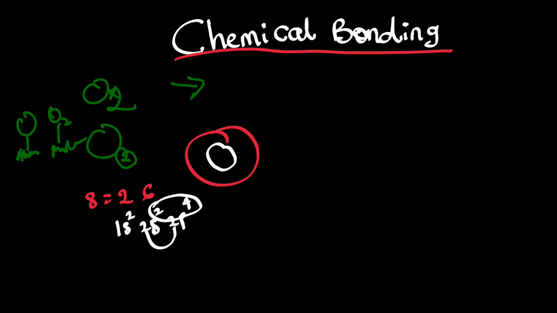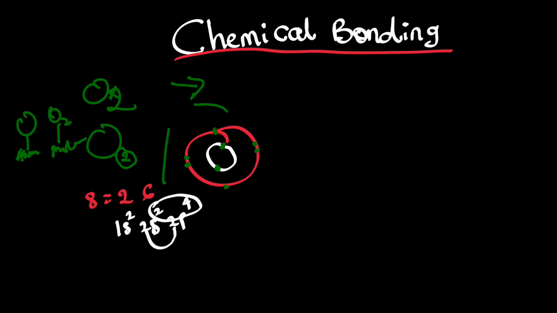So the shell configuration is 2, 6. Remember that 2 will be in the first shell, and 6 will be in the other, so this is how the shell configuration is.